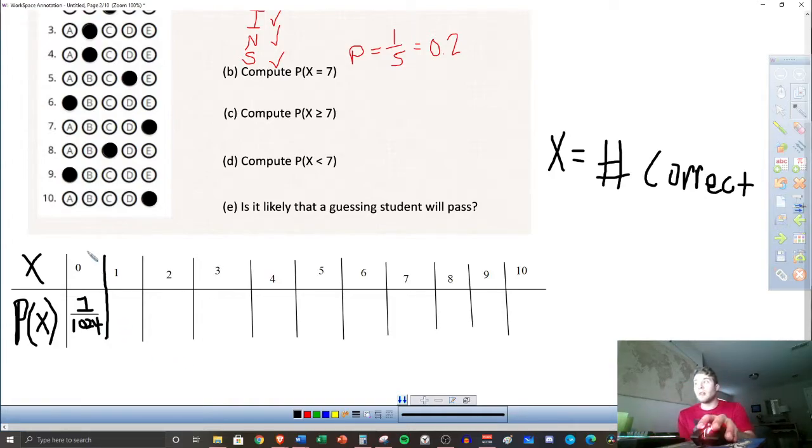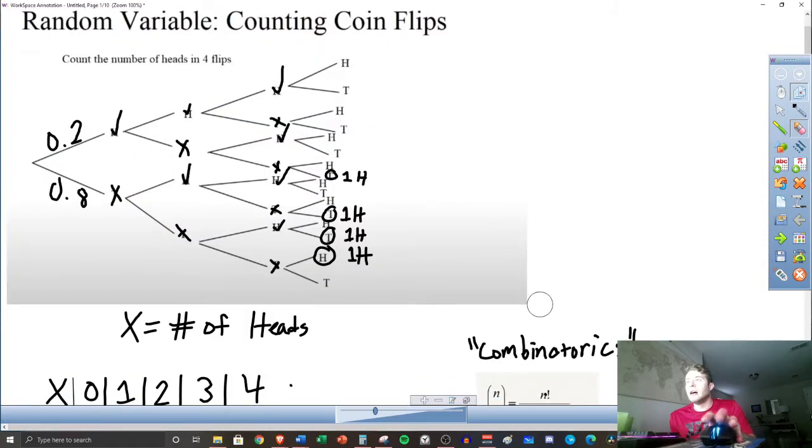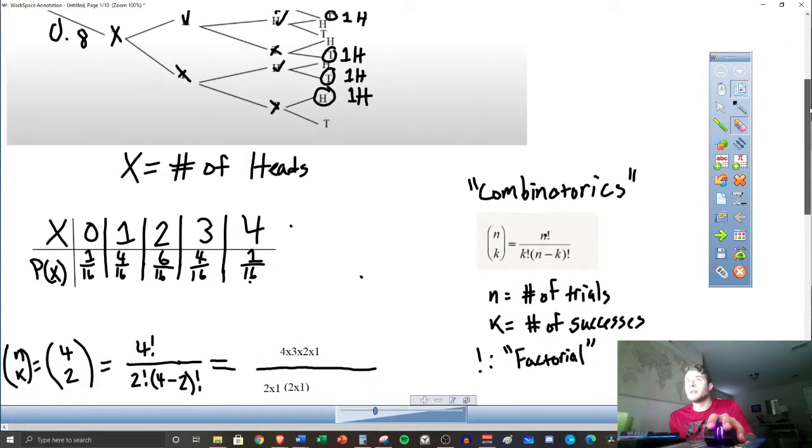You are actually more likely to get none of them correct than you are to get all of them correct. So don't draw this in there. This is not true that you have an equal chance of getting all 10 correct as you would missing all 10. Missing all 10 is more likely because you have a 0.8 chance of missing the problem. So we have to adjust what we're putting in here. We're not going to be able to go with what we did up here with the coin flips.